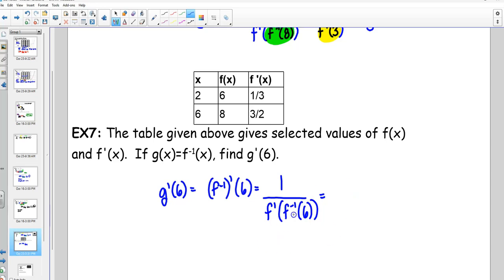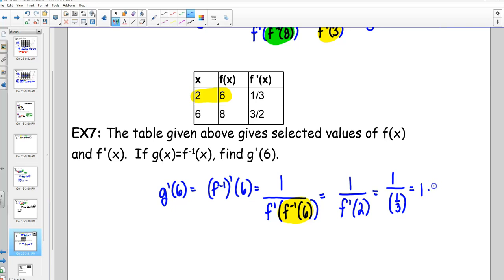So what would f inverse of 6 be here? 2. Because right here, you're looking just at this f column. That's like your y column. You're going with the 2 that goes with it. So now we've got 1 over f prime of 2. What is f prime of 2? 1/3.